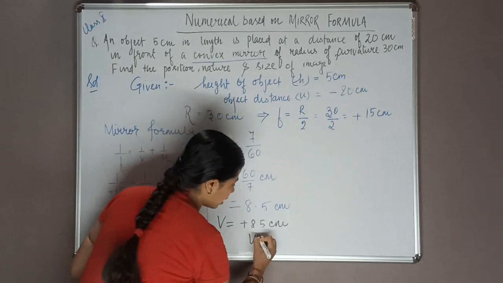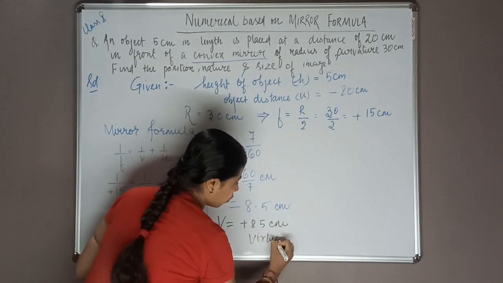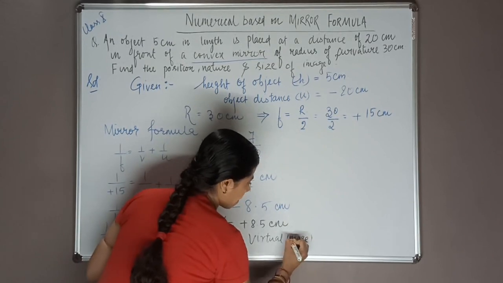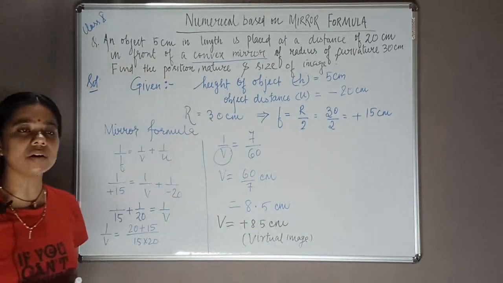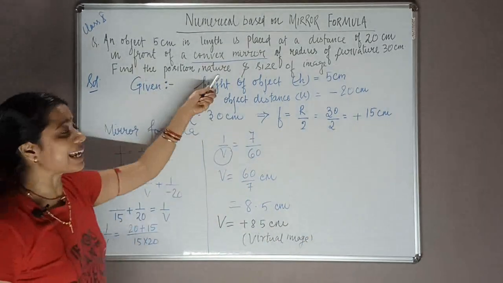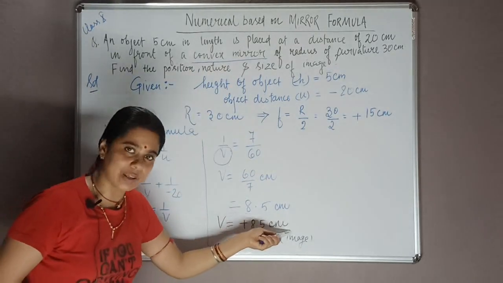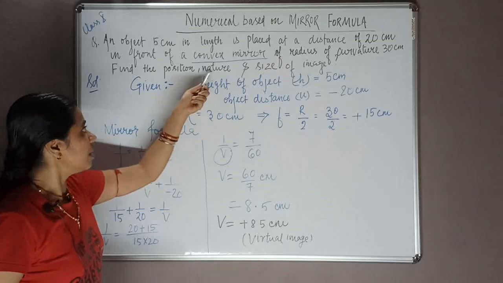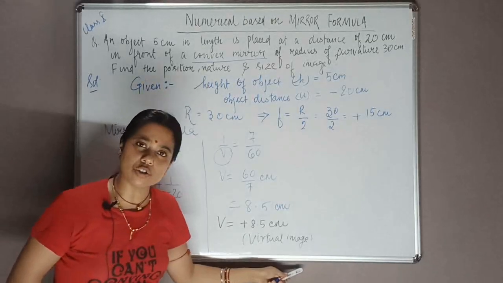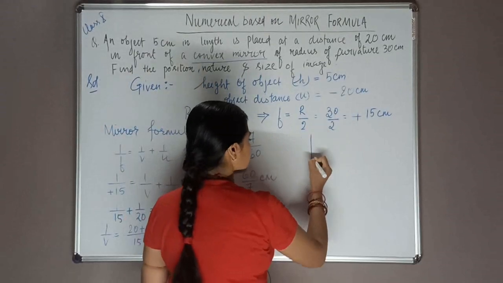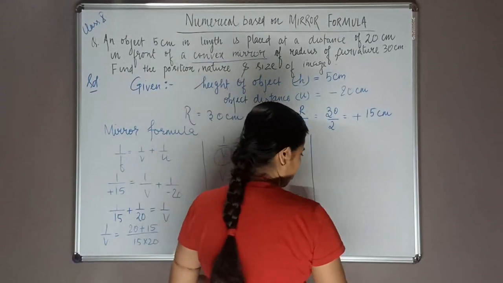So for the second part of the solution, the position is 8.5 centimeter from the mirror and the nature is a virtual image.